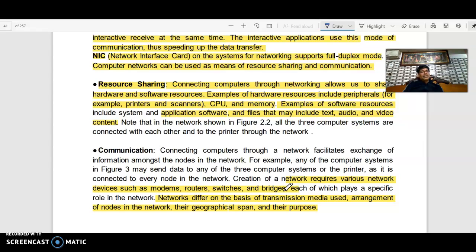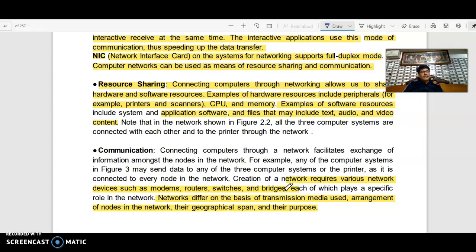So many devices are involved, transmission channel is involved, satellite is involved, big science and big devices, so many engineering, all these technologies are involved behind this.